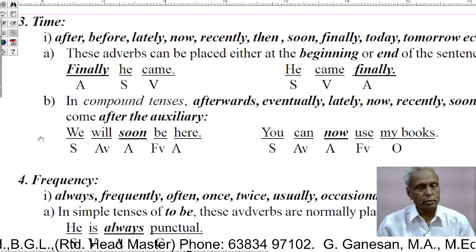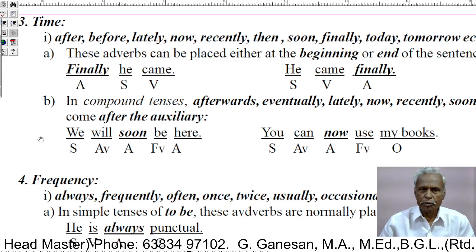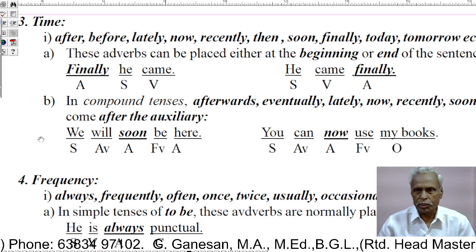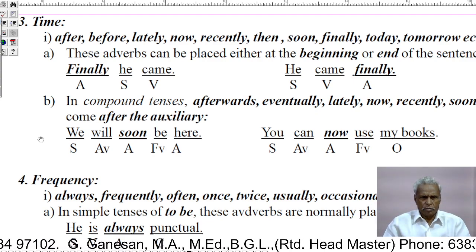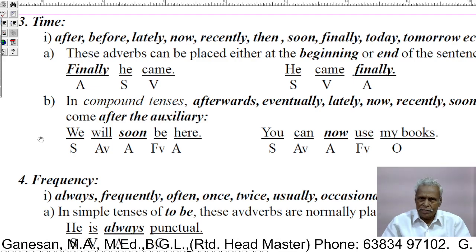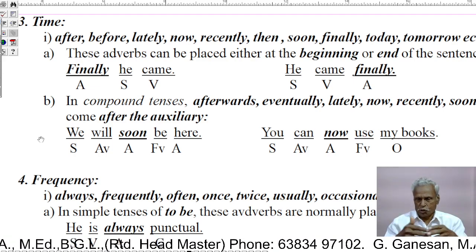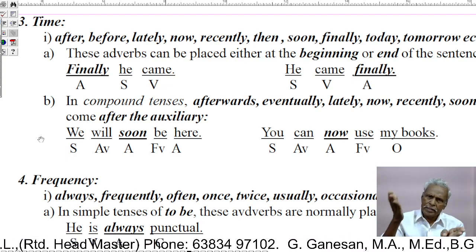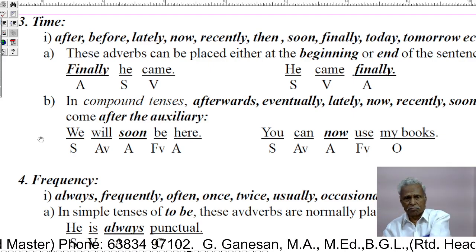Third group: adverbs of time. Often, before, lately, now, recently, then, soon, finally, today, tomorrow, etc. These adverbs can be placed either at the beginning or at the end of the sentence.